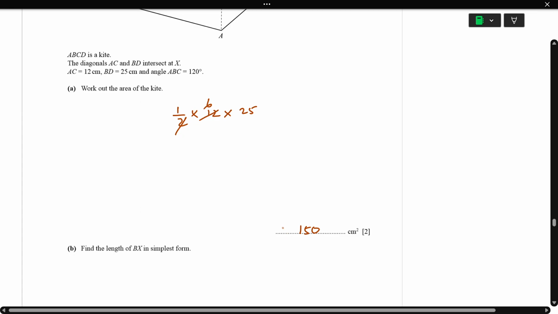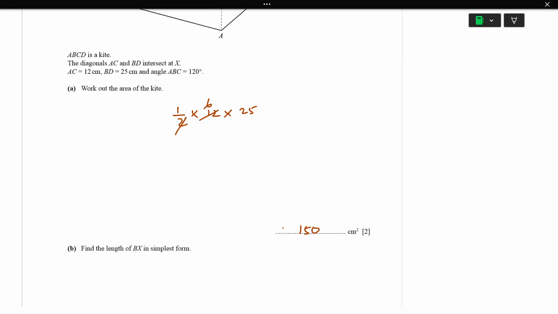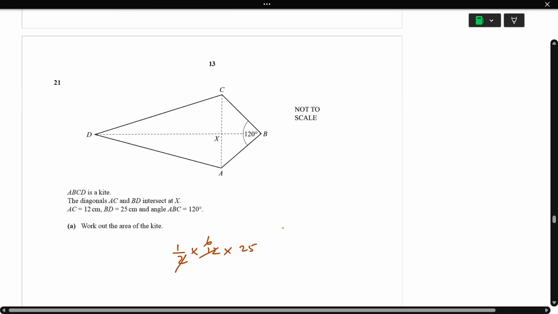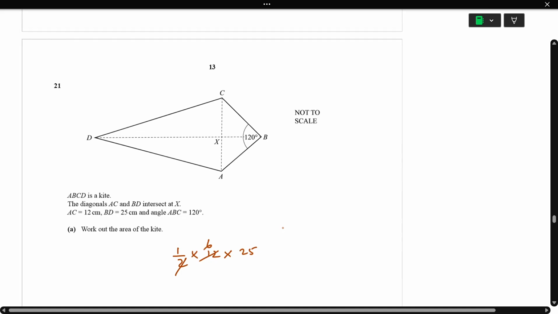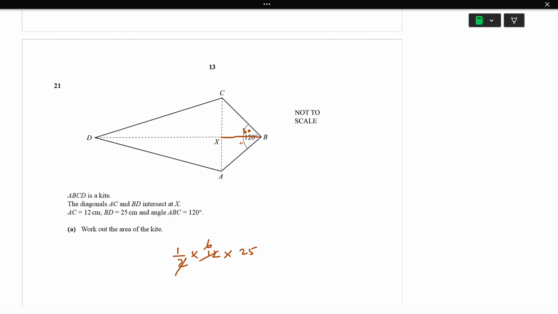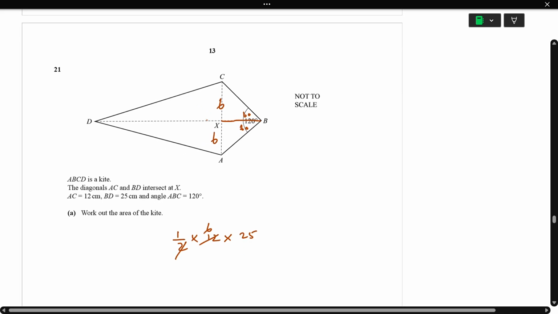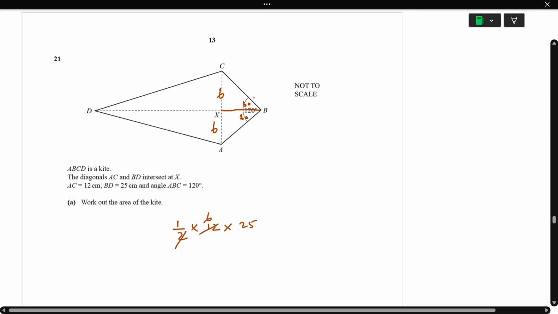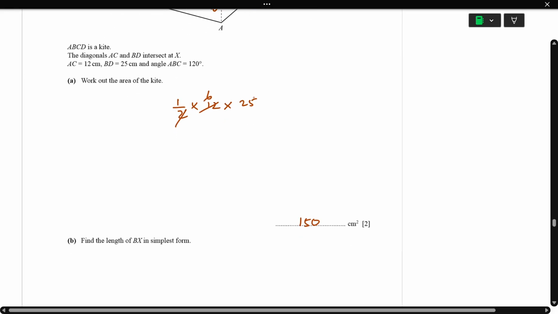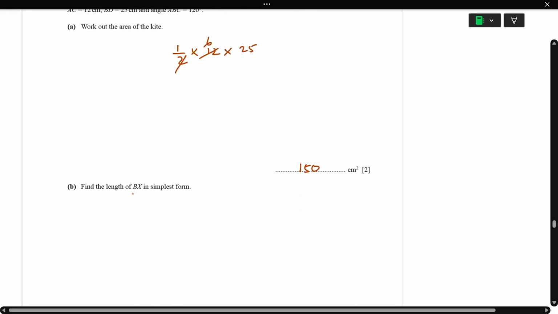Next, find the length of BX in simplest form. Here is 60, here is 60, and what else do we know? AC is 12, so here is 6, here is 6. Using tan, we can find BX.